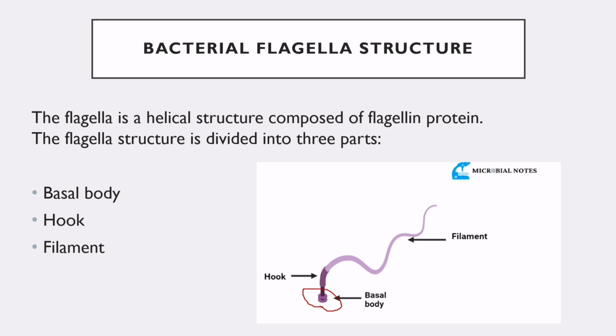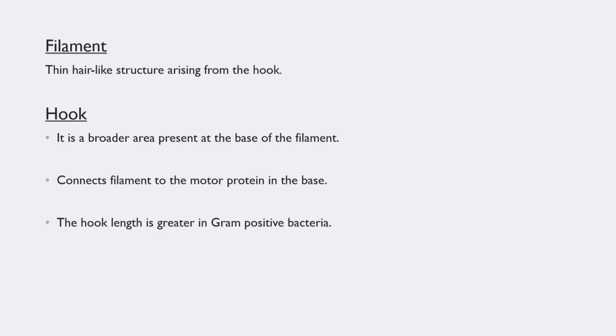Then we have the hook, which is connecting the flagella to the basal body or to the bacterial cell. Studying these structures in detail, the filament, as I've shown you, is a hair-like structure that is arising from the hook, and the hook is basically the border area present between the basal body and the filament, and it is connecting the filament to the motor proteins that are present in the basal area.